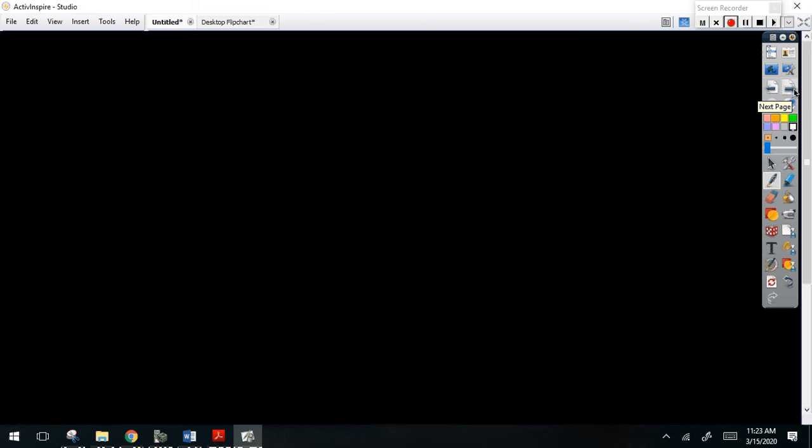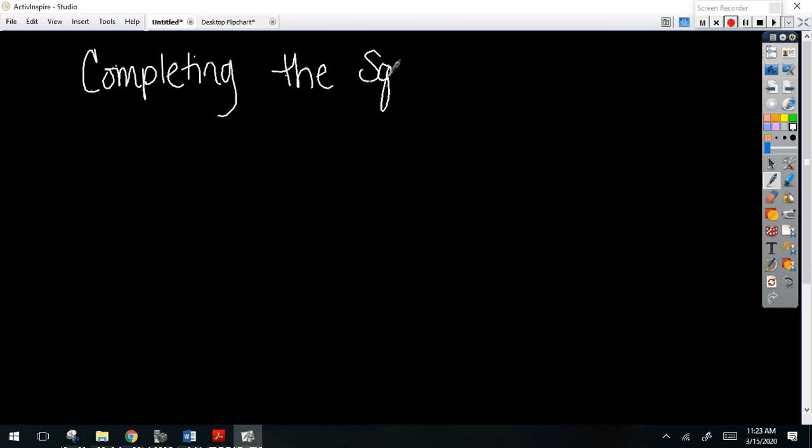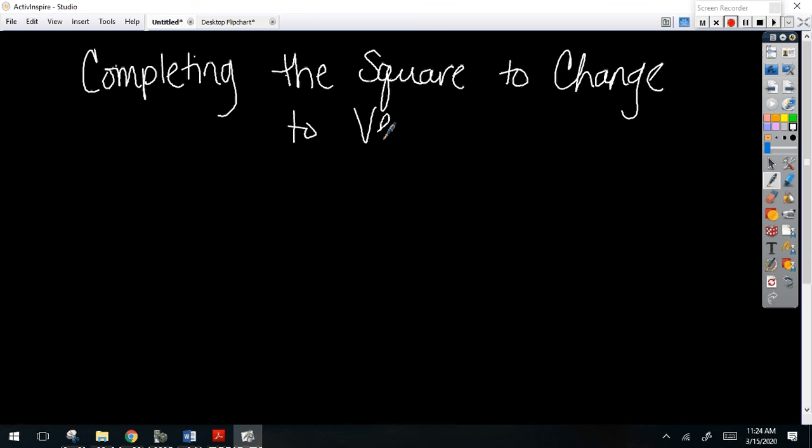This can be a little bit harder than what you are used to. So here's the new stuff, okay? I'll run through several examples of this with you. But what we're going to do is use a technique we learned back in the previous chapter called completing the square to change to vertex form.